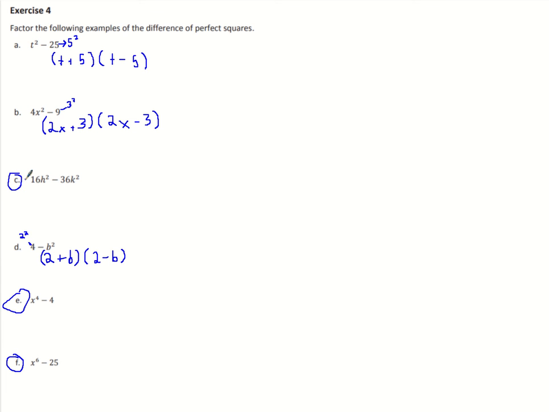Part C here might have caused a little bit of difficulty because we had 2 different sets with 2 different numbers. But in all honesty, C should have been pretty simple for us. We had 4h plus 6k and then 4h minus 6k.